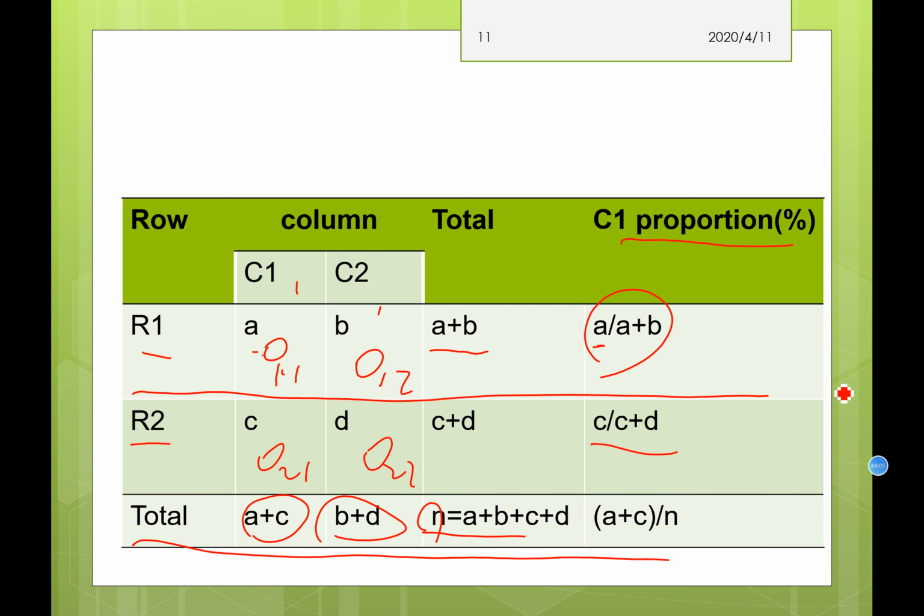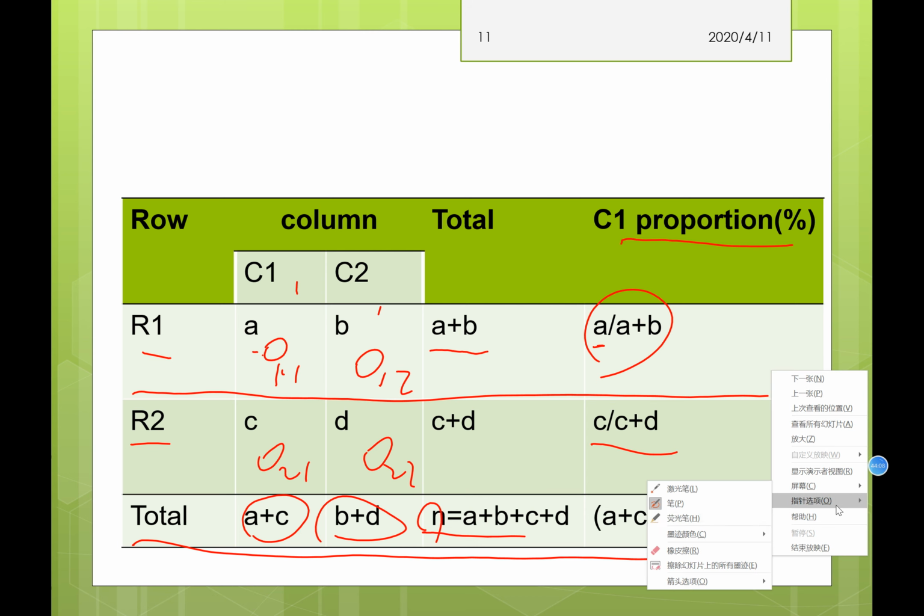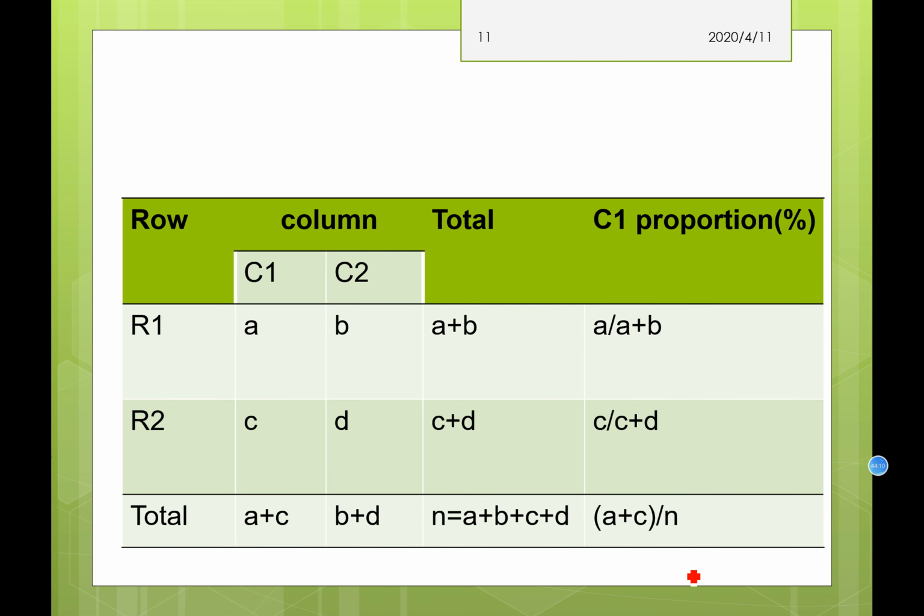Let's learn it. We have mentioned that the EIJ is the expected frequency for OIJ when H0 is true.